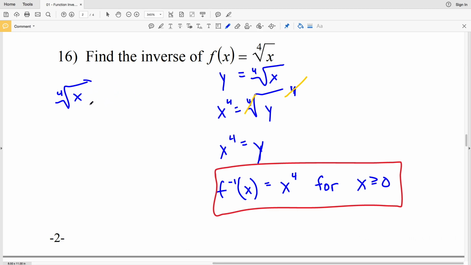That is not a real number. Therefore, our function also has to be for values where x is greater than or equal to 0. So negative x values are not possible. Therefore, x has to be greater than or equal to 0. Otherwise, it would be imaginary.